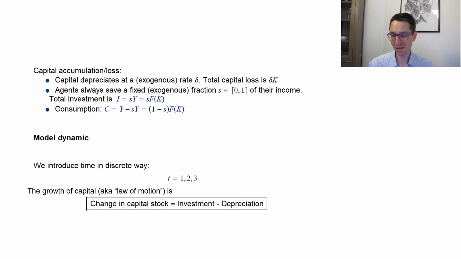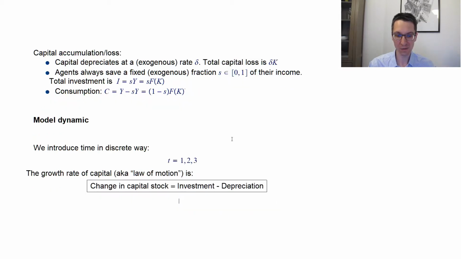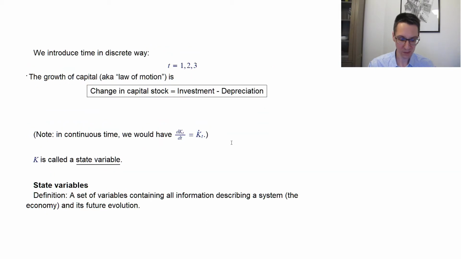Well, it's very simple. Again, we're going to express capital in a discrete way. So the change in capital from one period to the next can be expressed as k t plus 1 minus k t.